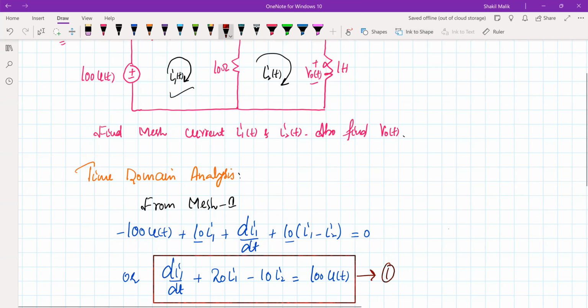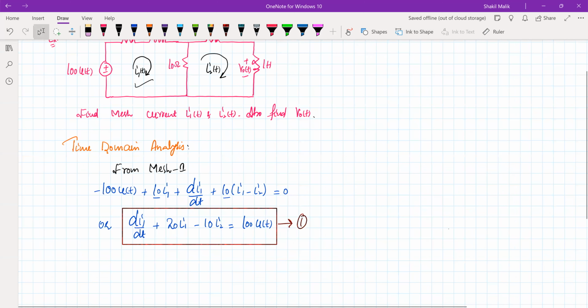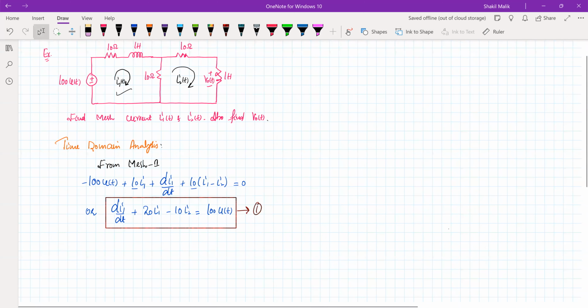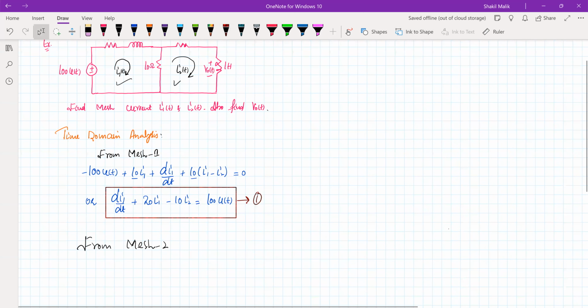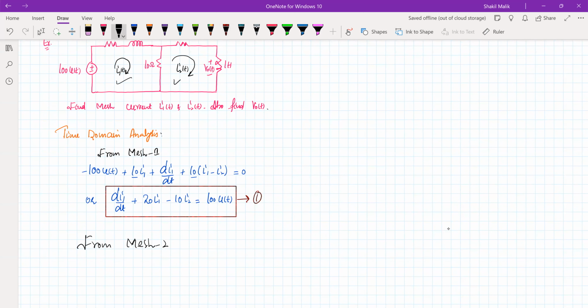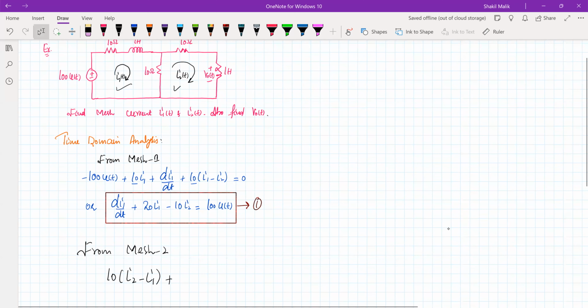Now from mesh 2. Mesh 2 means this mesh. We'll write the KVL: 10 times I2 minus I1 plus 10 I2 plus L di by dt.